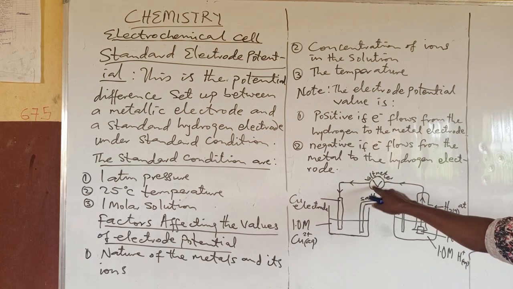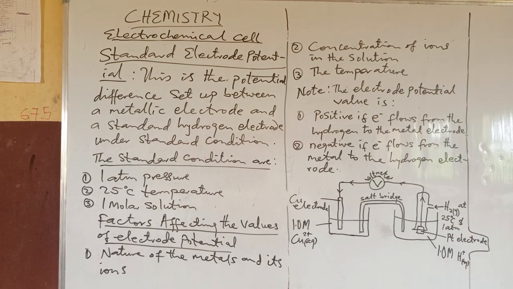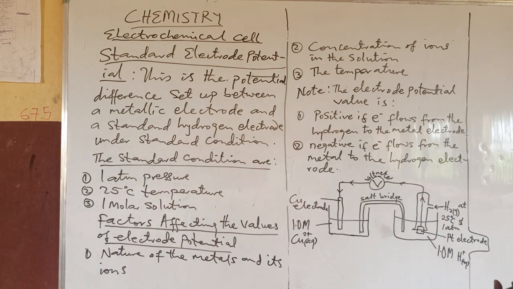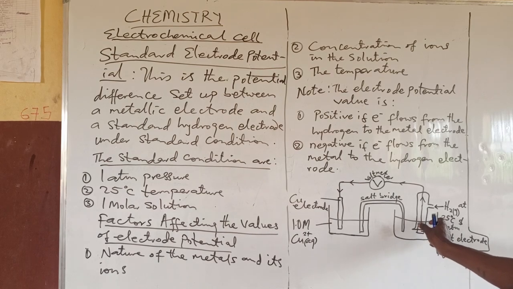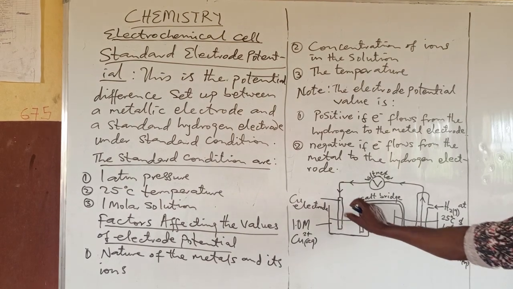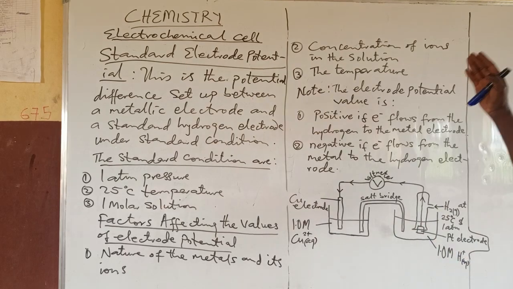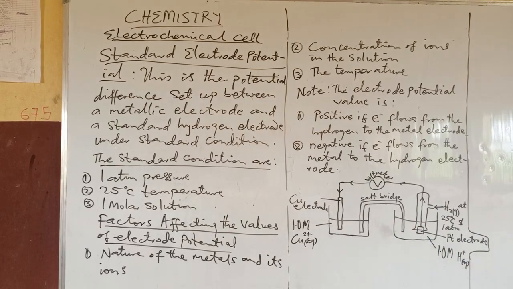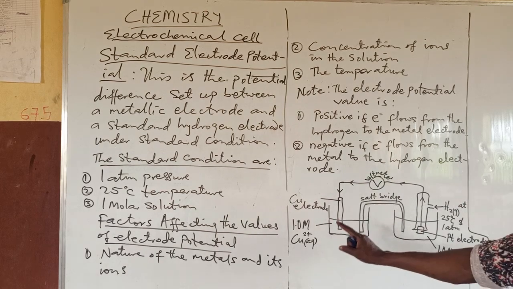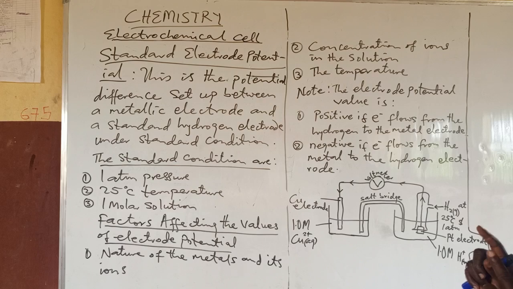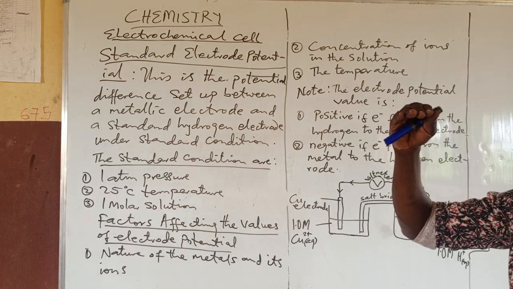You have negative values. Now, the system is built in such a way that if you are using a metal that is below hydrogen in the electrochemical series, I have given you the electrochemical series, go and watch that video. Check the position of copper, check the position of hydrogen.